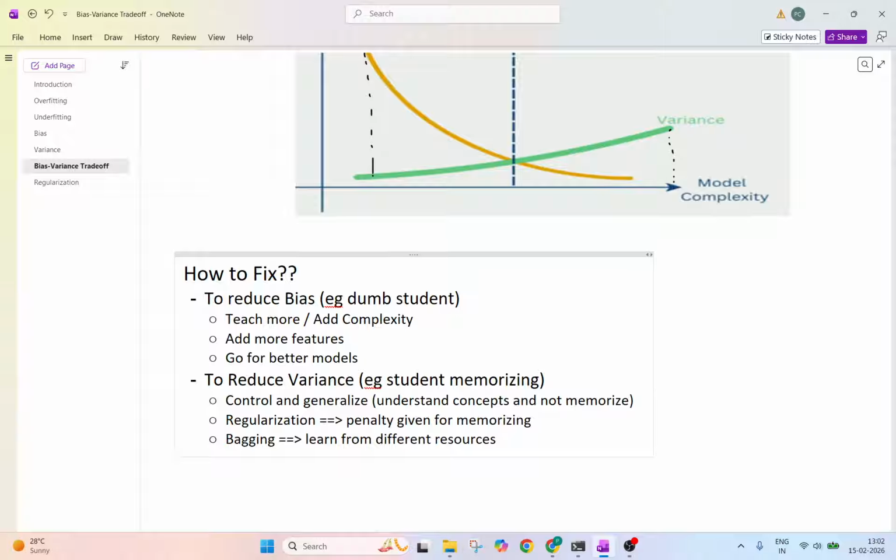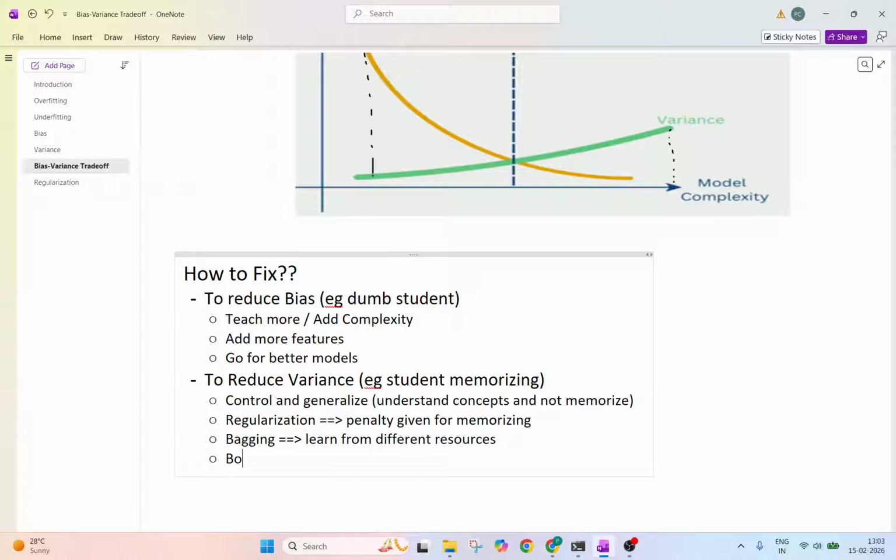Probably you can memorize 200 or 1,000 questions. But what if there are a billion questions? You cannot memorize all of them. If you understand the underlying concept, you will be able to answer any other question given. So this is what bagging helps us do: the machine learns from different resources so that it does not memorize the concepts but understands in a generalized manner.